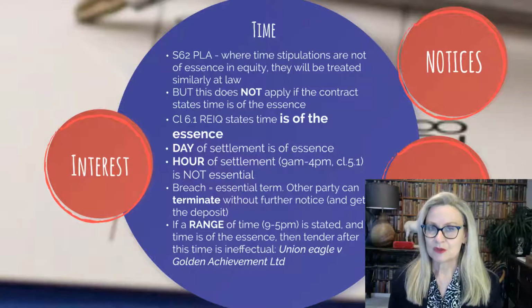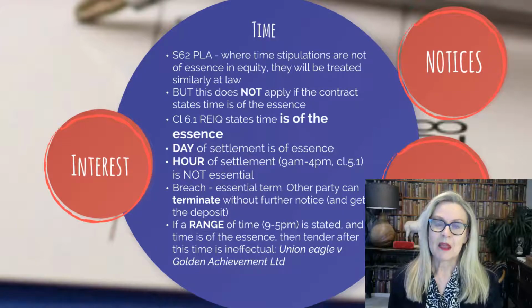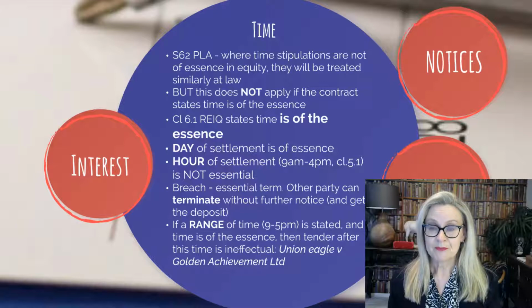But if you said that settlement was 2 p.m. on a specific day, the hour of settlement is not going to be of the essence. So have a look at clause 5.1 for that. If we have a breach of a time stipulation, then it's going to be a breach of an essential term. The other party can then terminate without further notice and get their hands on the deposit.